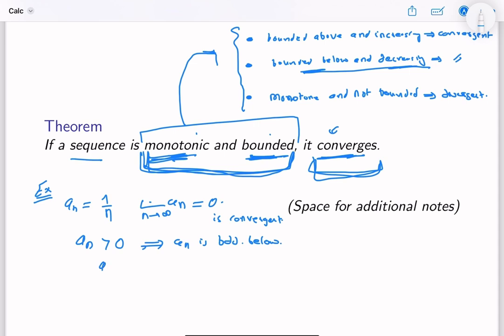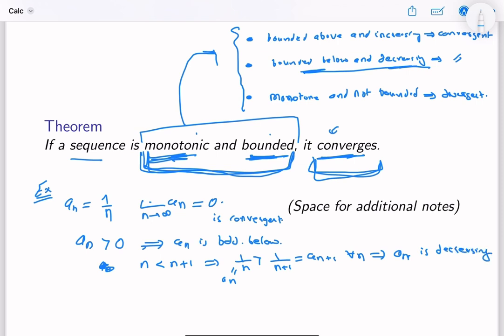Because remember, we just proved this: n is less than n plus 1 for every n, and thus 1 over n is bigger than 1 over n plus 1 for every n, and this is just a_{n+1}, and this is just a_n for every n. This is happening, and thus this is the definition of a decreasing sequence. Thus this sequence is decreasing.